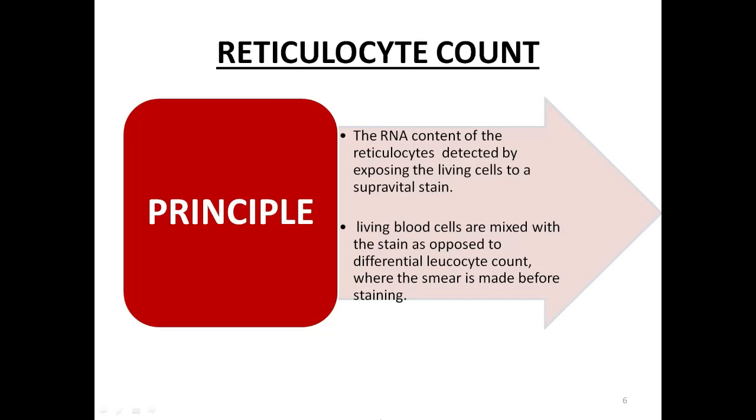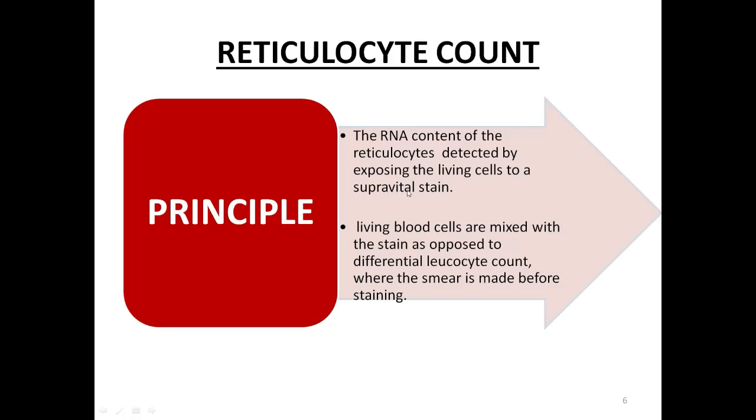So now we'll see the principle first. What this line says is that the RNA content of reticulocytes is detected by exposing the living cells to a supravital stain. What is a supravital stain? What is a vital stain? I'll explain in the next slide. But imagine that a supravital stain is there.